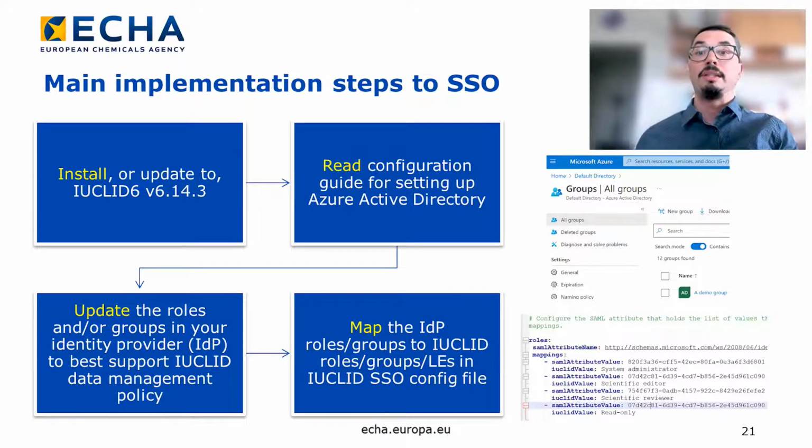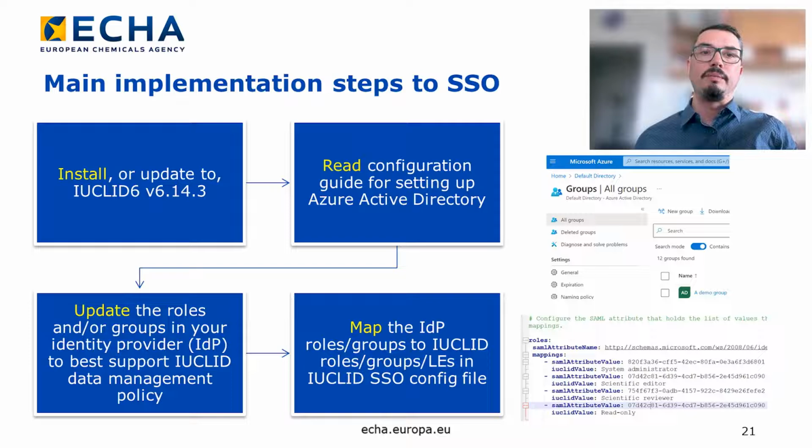Then the final step is to map these groups that you have created to different roles and groups and legal entities in your Euclid installation. To do this mapping, your IT people will need to edit a text file that we will provide.